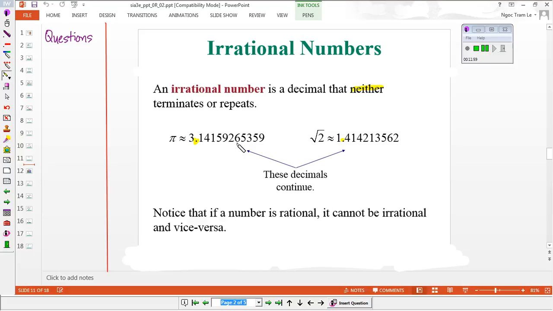For example, pi is 3.141592653559, and it will continue, but the decimal does not repeat. The same thing with the square root of 2, which is 1.414213562, and again the decimal doesn't repeat.